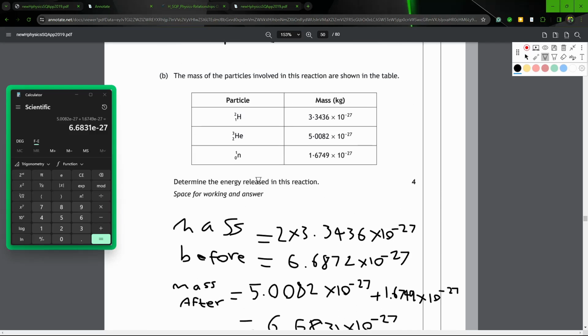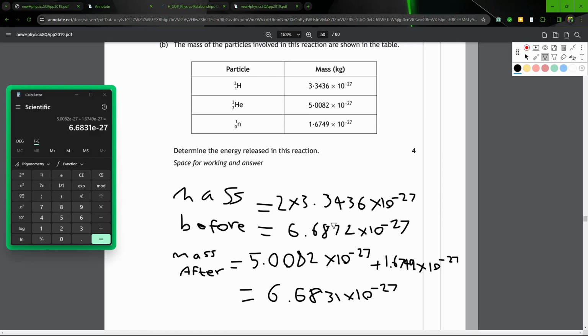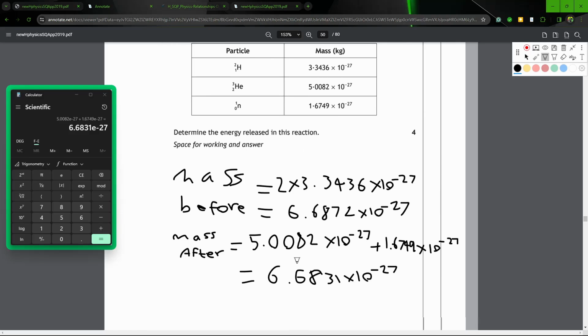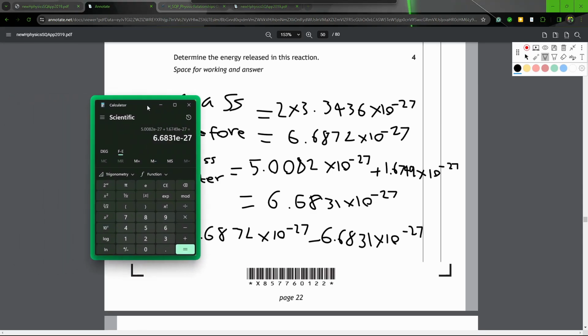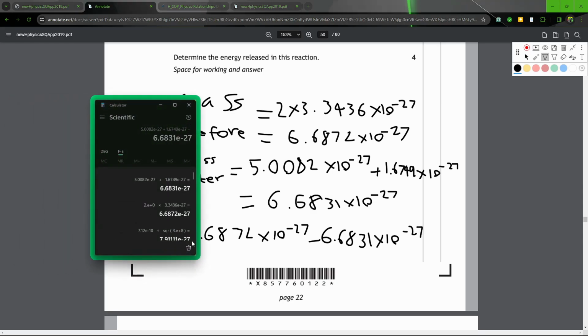Fantastic. Right. So then what we can do is figure out the mass loss between them. So if we take away 6.6872 times 10 to the minus 27 away, oh, here we go. Alright, put up the old history function on this.